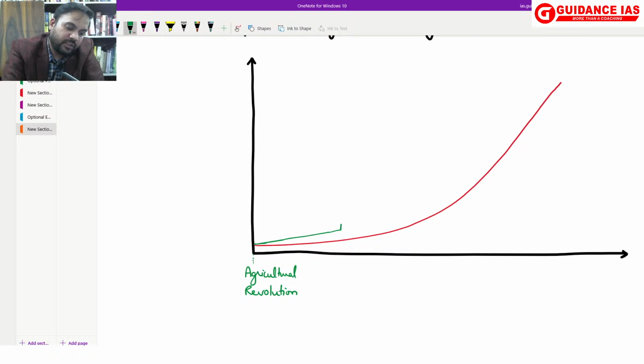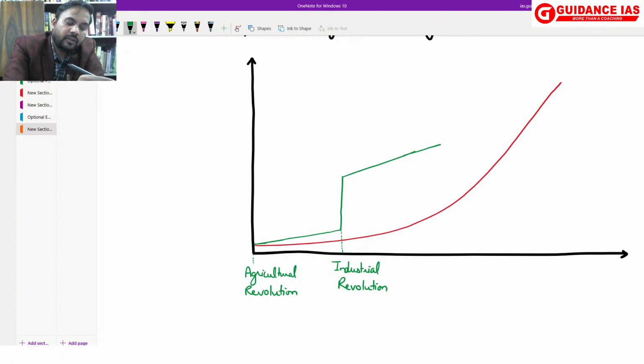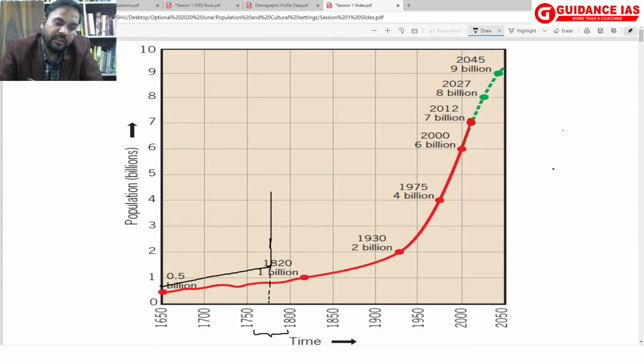And what was this case? So this jump in production was achieved as a result of what? As a result of the industrial revolution. Then it continued to grow as it grew in new areas, but there was another revolution which came, and you know very well when this revolution came. This revolution came here.